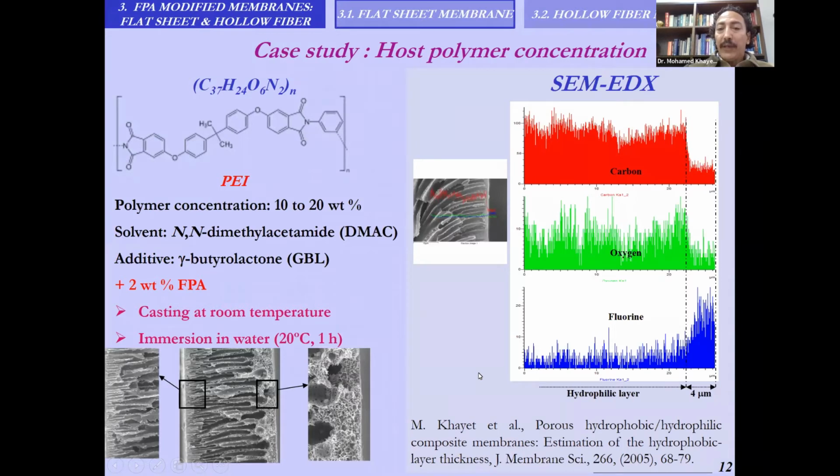We confirmed the migration of this FPA by SEM-EDX analysis. We focus more on the concentration of fluorine because fluorine is associated with FPA. We observed that the concentration of fluorine is higher at the top surface compared to when we go down inside the membrane.